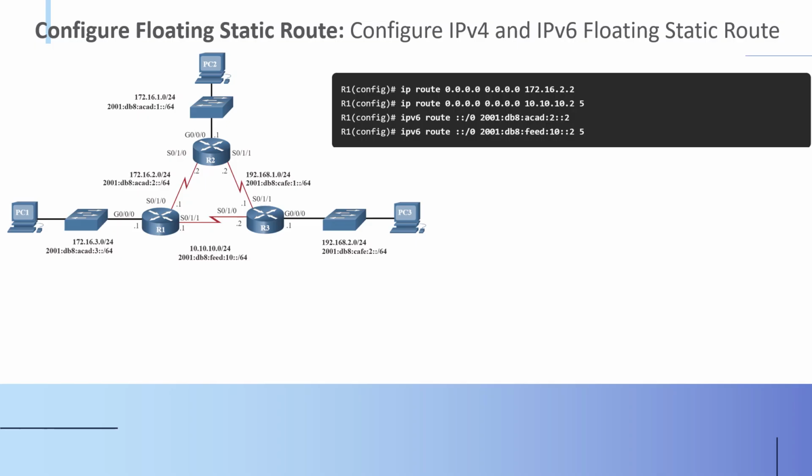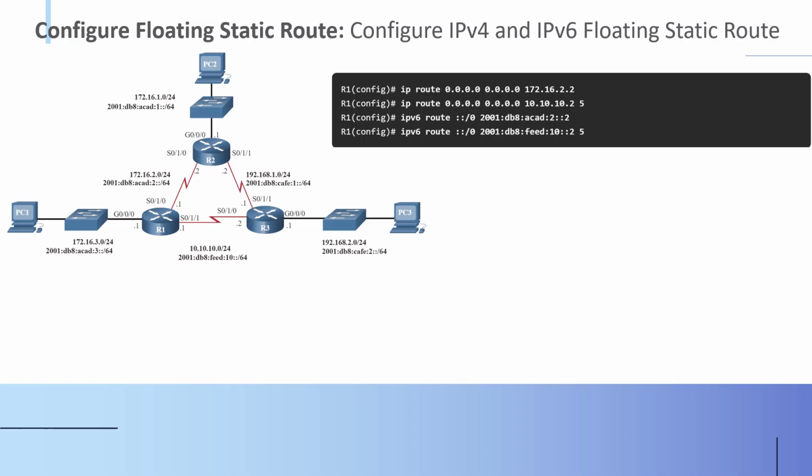Router 1 will also be configured with the IPv4 and IPv6 floating static default routes pointing to router 3 with an administrative distance of 5, as you can see. By doing this, we are configuring the default static route pointing to router 2, and in case the link fails, then the traffic will go through router 3 to reach the remote network, and this will be the backup line.